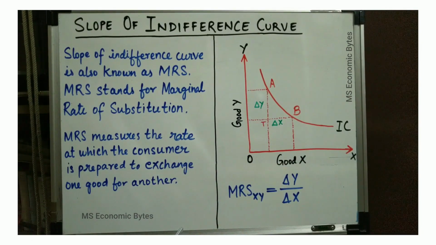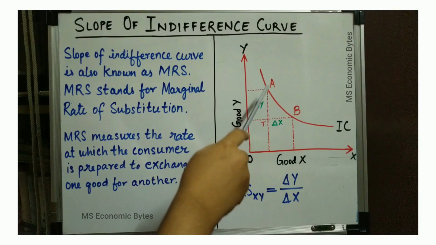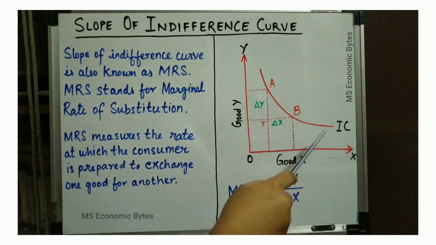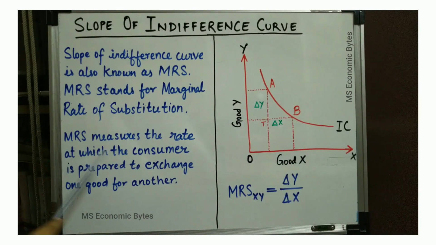That is necessary for the consumer to gain the same amount of utility or satisfaction. The rate at which such an exchange occurs is the marginal rate of substitution.